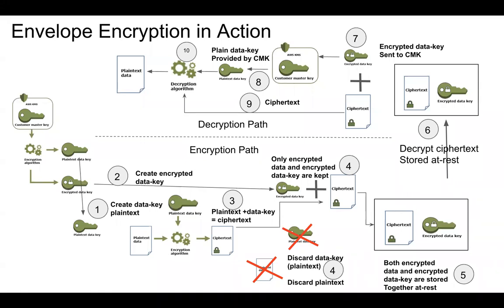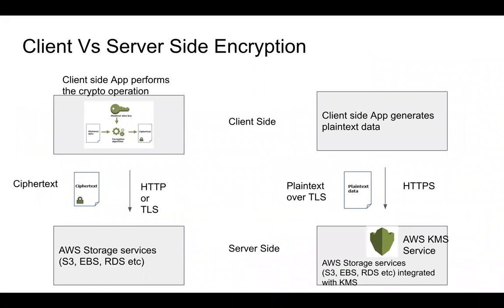All right. So this is going to be the last slide, and we'll jump onto the demo. Okay, so there is this notion of client and server-side encryption when you deal with AWS, right? It's a pretty straightforward and simple concept. Client-side encryption means let's assume that you have an application that is either on-prem, or it could be in AWS.